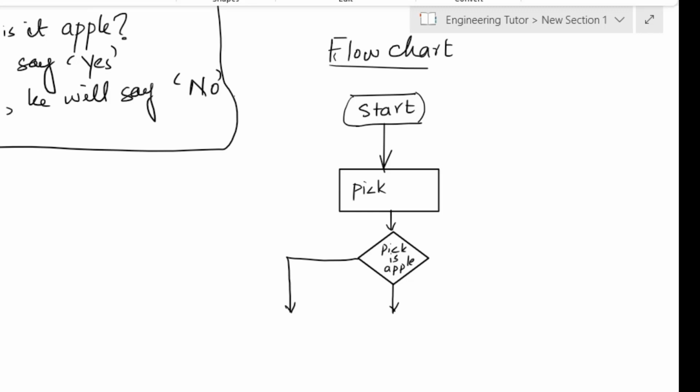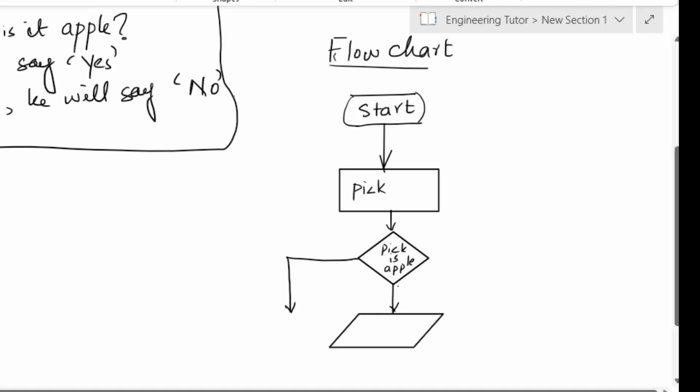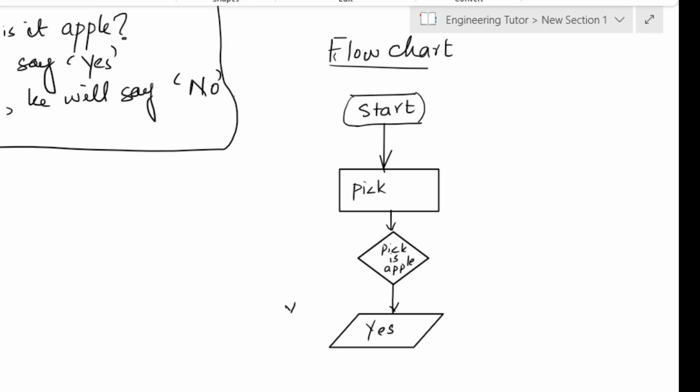What are the two possibilities? It can either be an apple or it can be not an apple. If it is an apple, he will say yes.